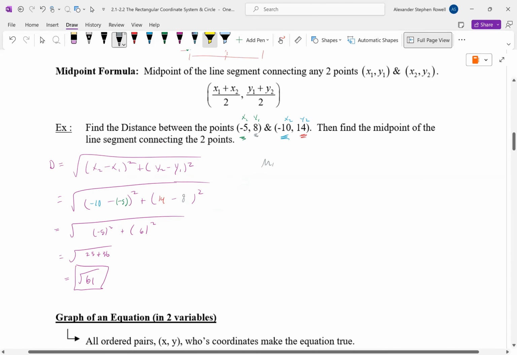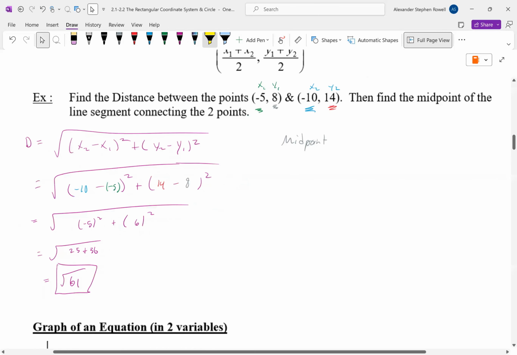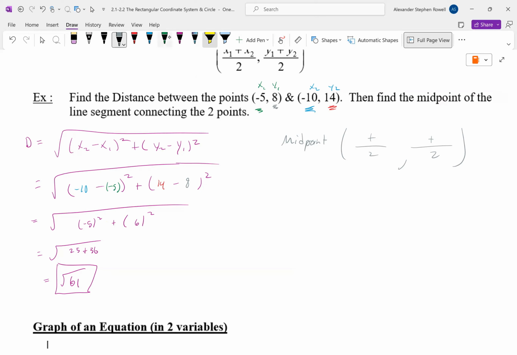Let's find the midpoint between those two values. Well, let's average the x values. -5 plus (-10). I put the -10 in parentheses to separate the plus and minus operators. Then we have 8 plus 14.